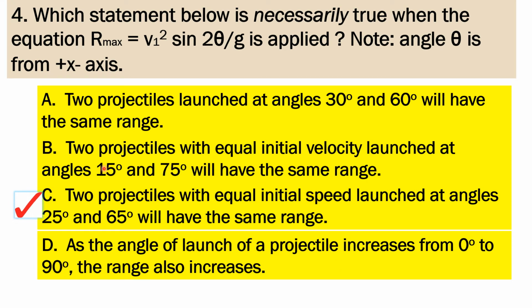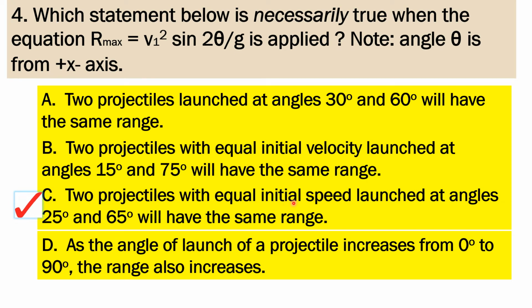You will notice that statement B and statement C are quite similar. What's the difference? It is the choice of the word. In letter B, we talk about initial velocity, while in letter C, we talk about initial speed. So why is letter C a better answer compared to letter B?